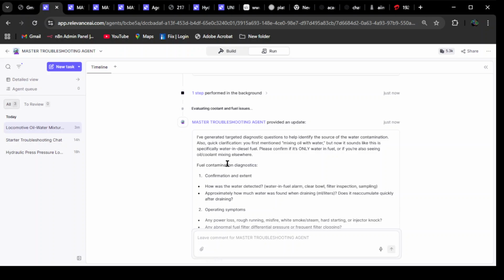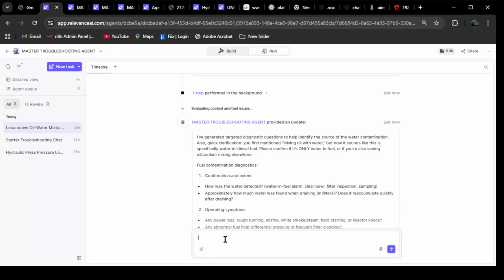So this is a fuel contamination diagnostic. So I'm gonna make this up so we can get into it and finish this. So please confirm if it's only water in fuel or if you're also seeing oil, coolant mixing elsewhere.